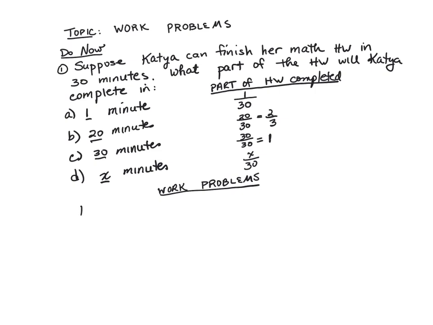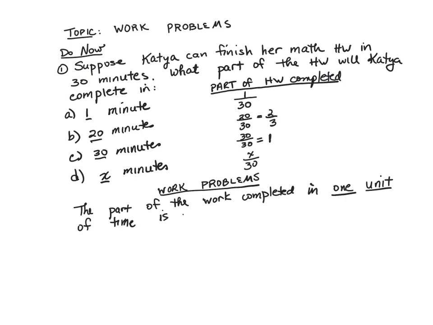The part of the job or the work completed in 1 unit of time is called the rate of work.